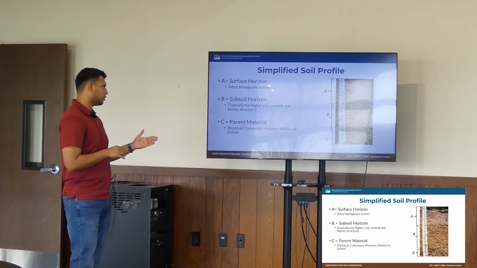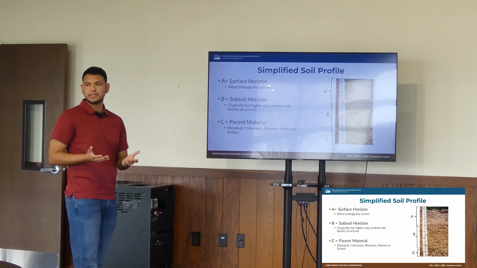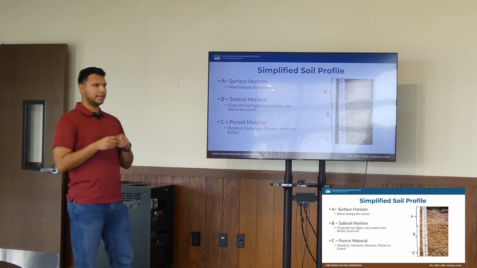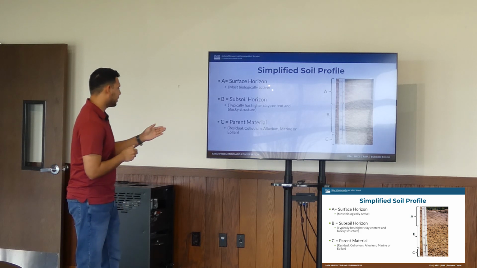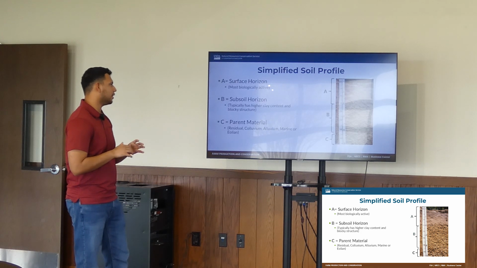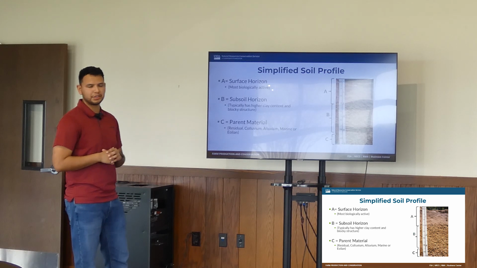While you have the C horizon, that's where you'll actually see the parent material, or the material that the soil is actually forming from. And here you'll also see a lack of soil structure, which we'll get into in the next few slides.